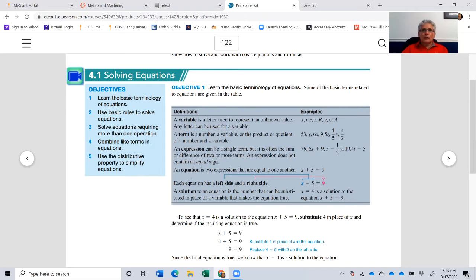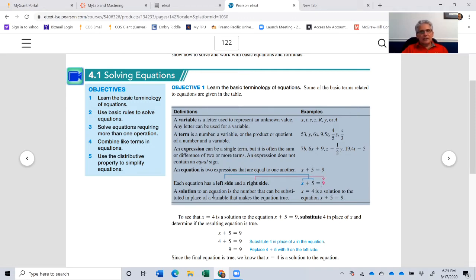An equation includes the equal sign. So x plus 5, that's an expression, but x plus 5 equals 9, now we have an equation. And just remember that the equation has a left side and a right side, and based upon the equal sign, they must be equal.